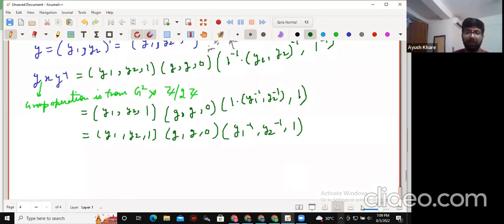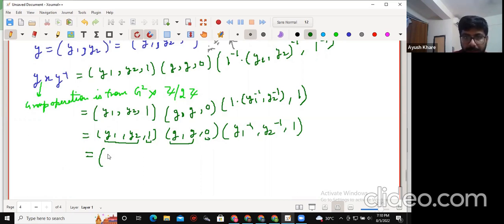Okay. So this computation, will you be able to do it, or you want me to finish it? Okay, let's do it fast. See, this is our N1, this is our H1, this is our N2 and this is our H2.